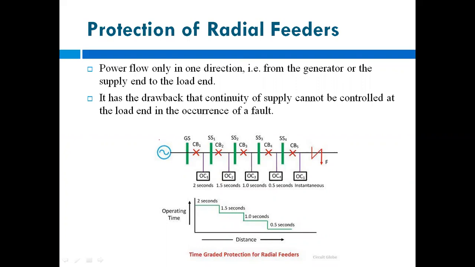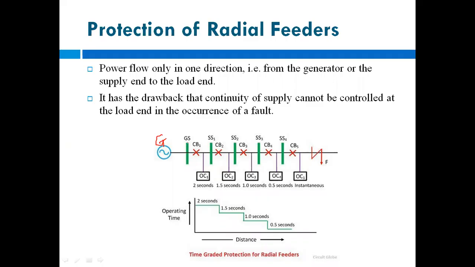So this is your generating station, and from the generating station there is one line. How is the supply given to the load? There is a single line only, with a number of feeders.